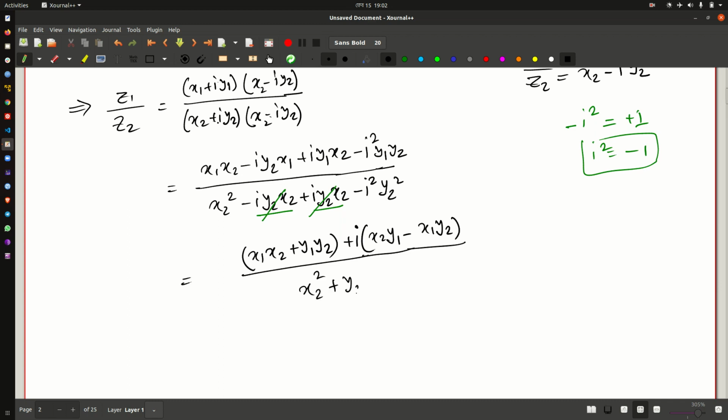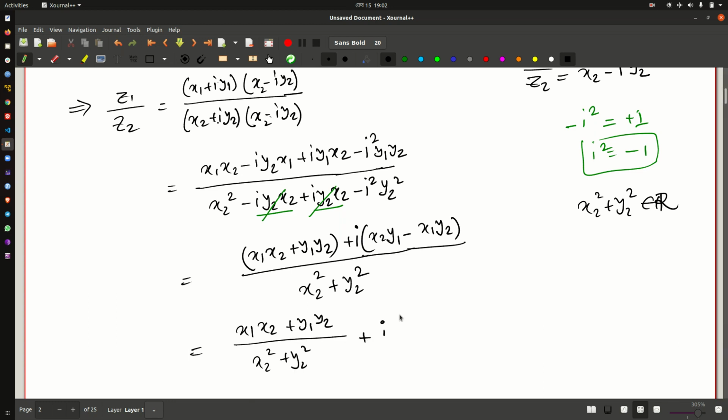As you can see, this is a pure real number. That means this x2 squared plus y2 squared belongs to the real numbers. So finally you can write it as (x1 x2 plus y1 y2) over (x2 squared plus y2 squared), plus i times (x2 y1 minus x1 y2) over (x2 squared plus y2 squared).